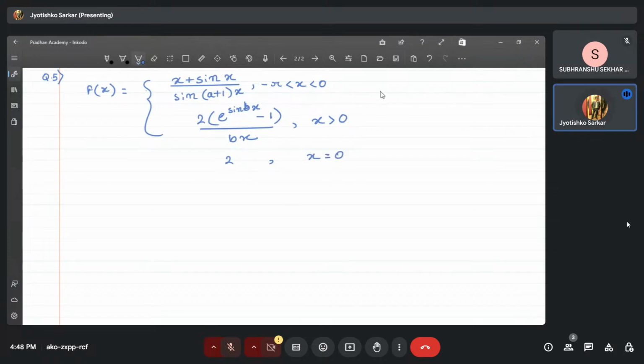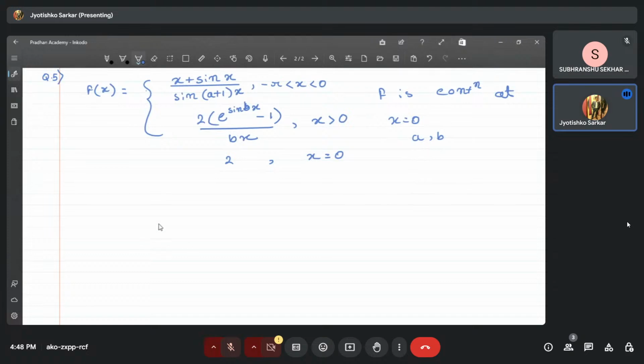It is given that f is continuous at x equals 0. We have to determine the values of a and b.